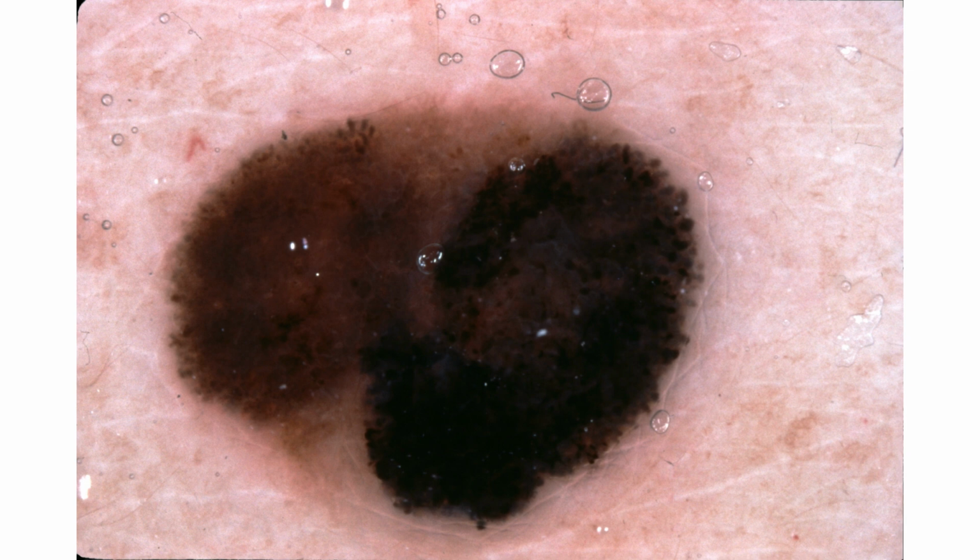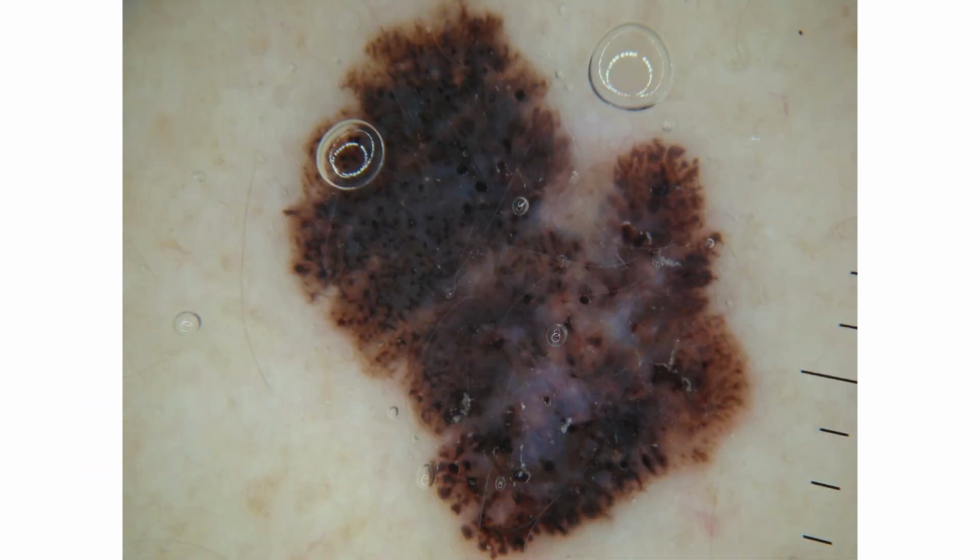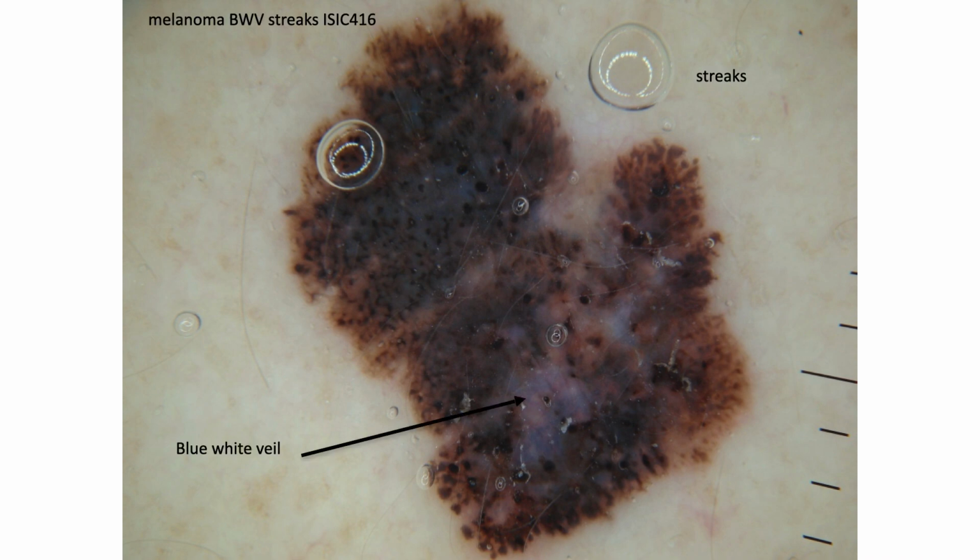We could call these pseudopods. But whatever we want to call it, this is radial growth, big, dark, atypical blotch, another melanoma, and some more blue-white veil, and some streaking here, some pseudopods, streaks, radial growth, melanoma.